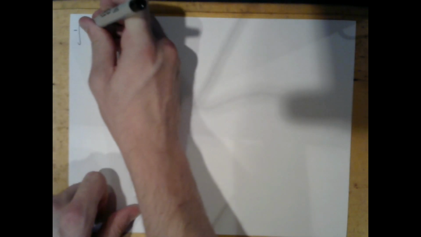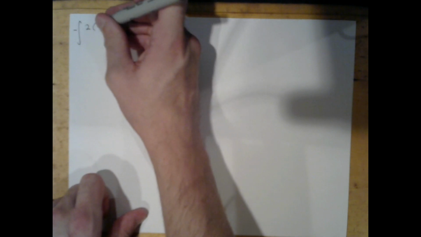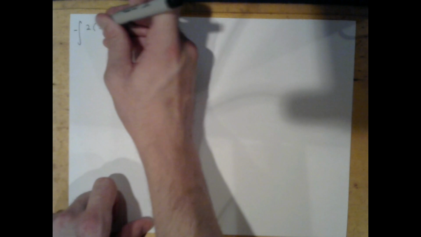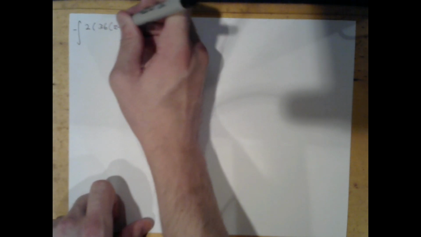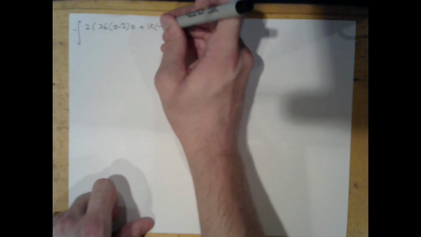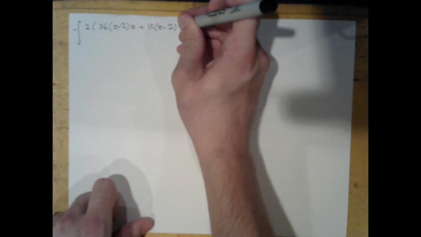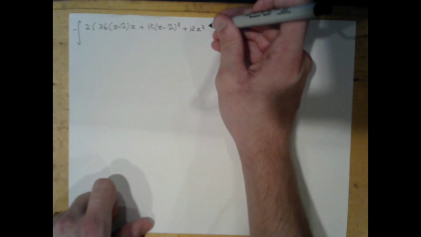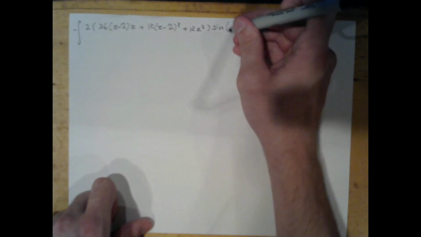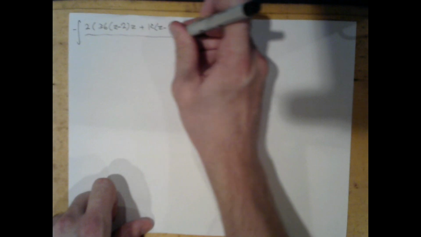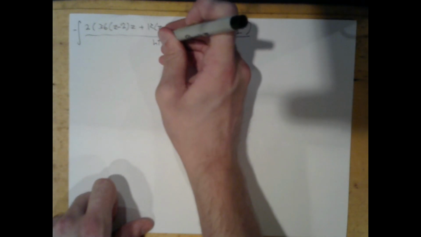We're going to say minus 2 times, what was it again? 2 times 36z minus 2z plus 12 z minus 2 squared plus 12z squared times sine h pi z over 2, and once again all over h pi.